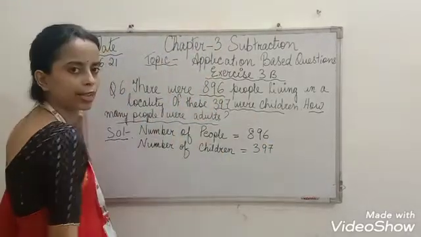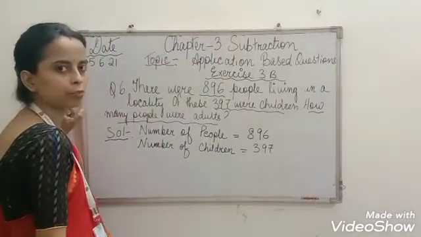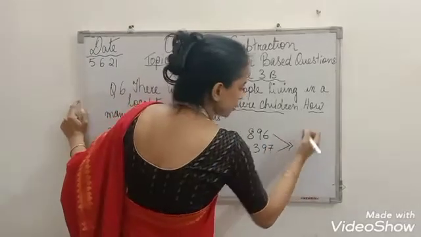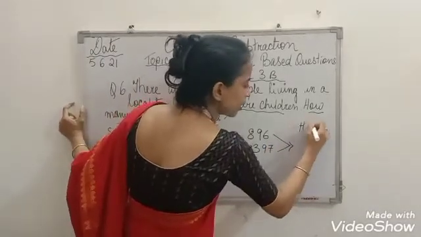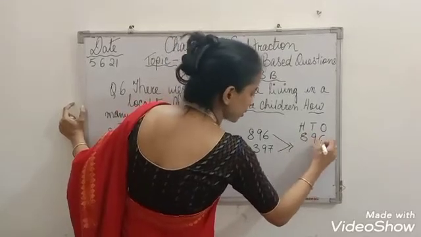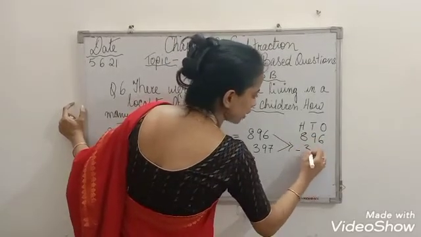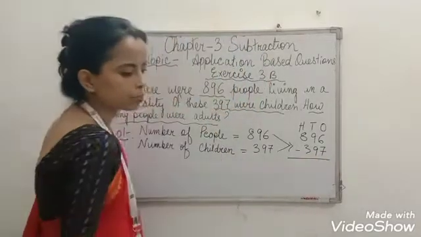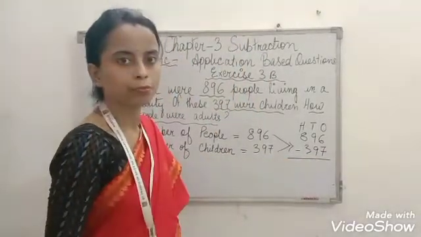How many people were adults? How to find them? You have to subtract. As this is a 3-digit number, hundreds, tens, ones. 896 subtract 397. Alright? We just subtract it.